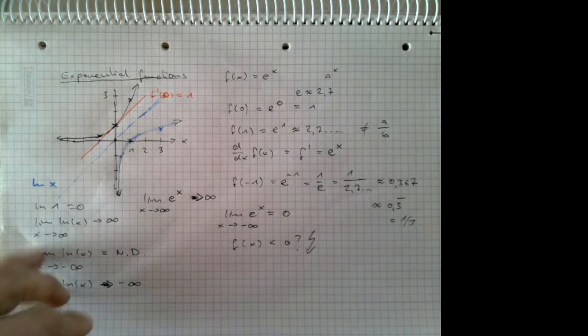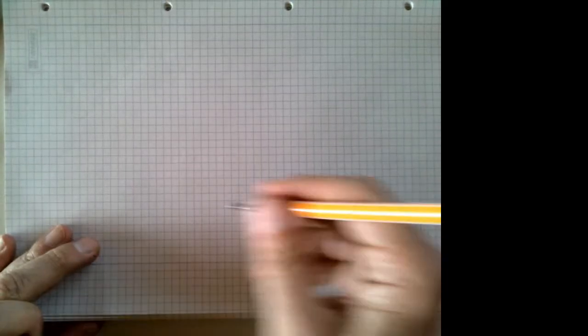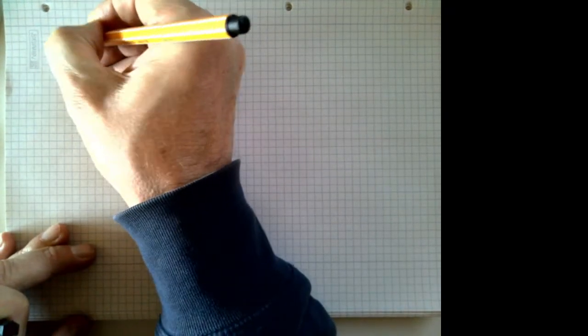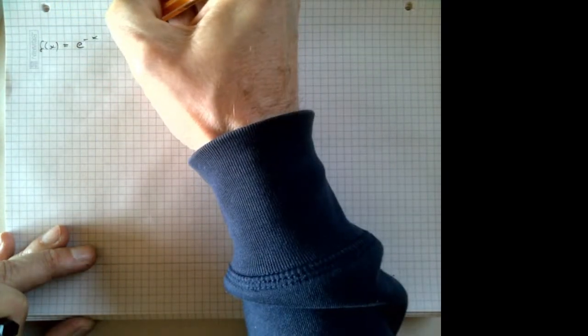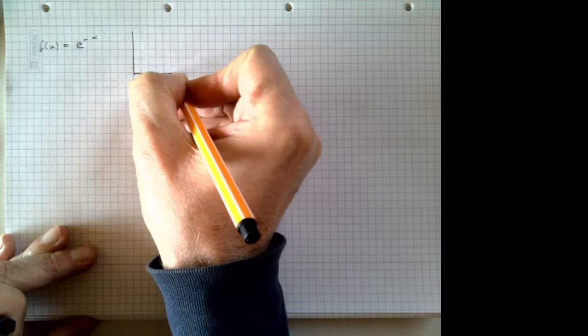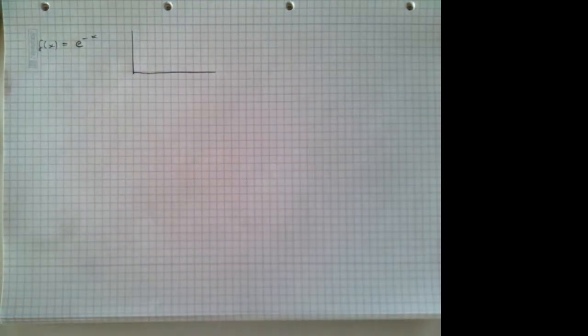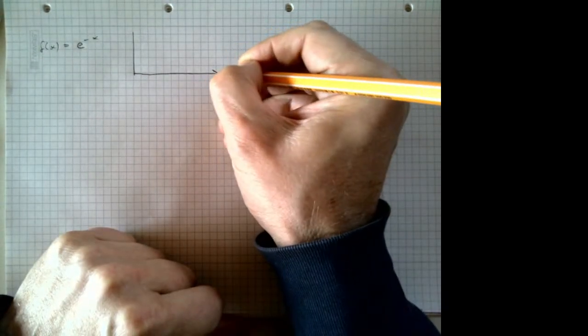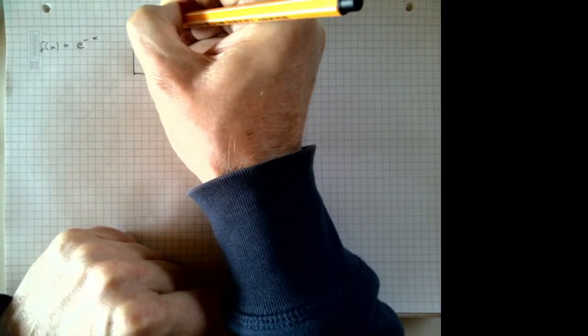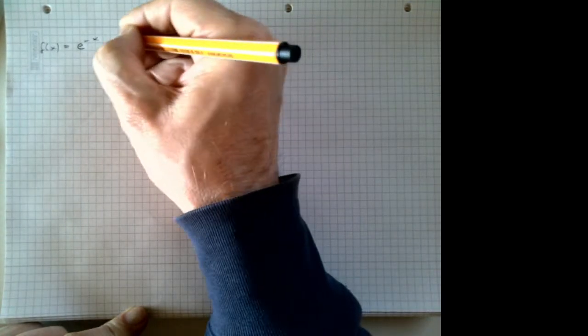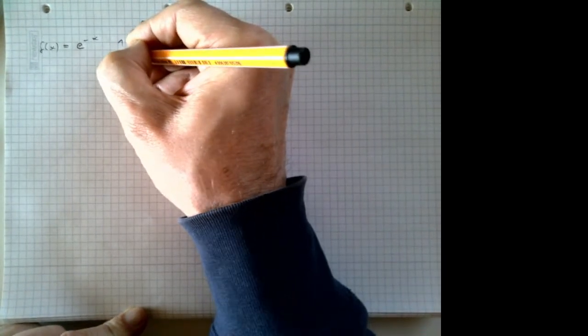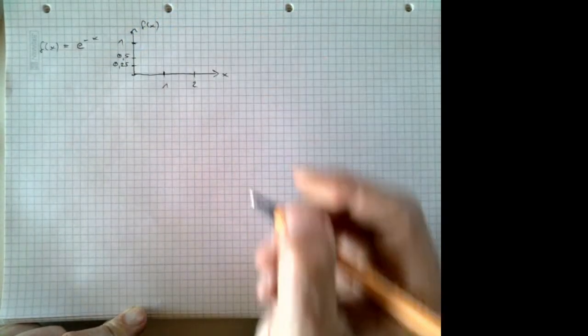Exponentials. Let's come back to capacitors. How does the function e to the negative x look like? Say here's 1, 2, here's 1, 0.5, 0.25, right, and so on.